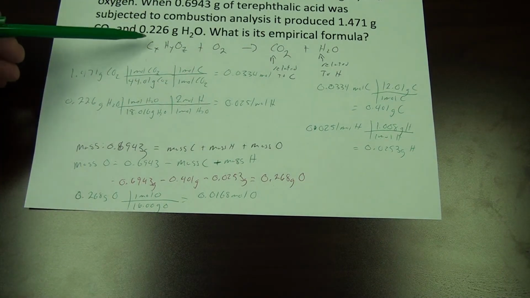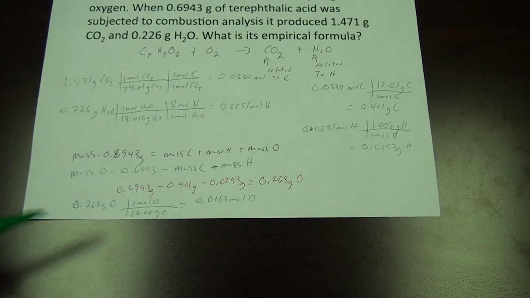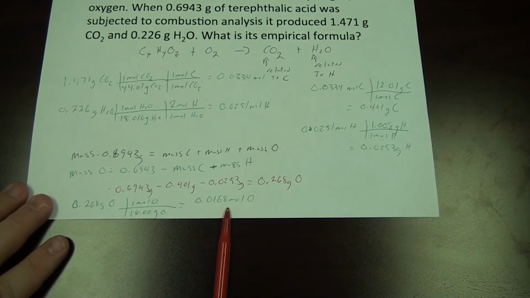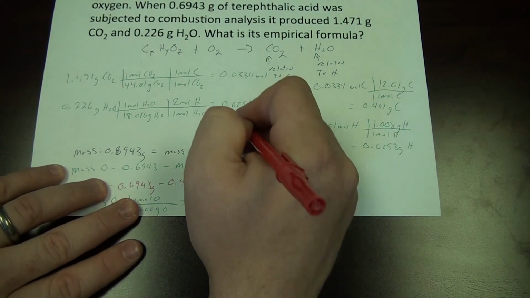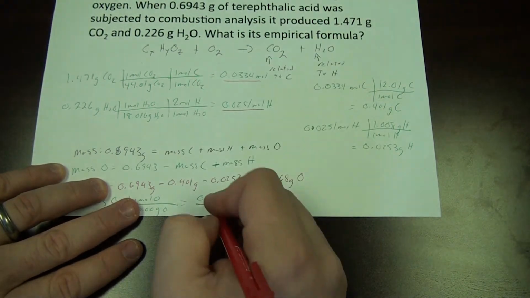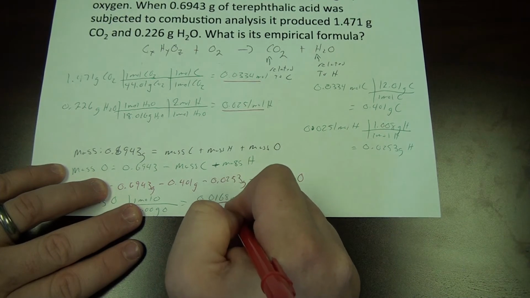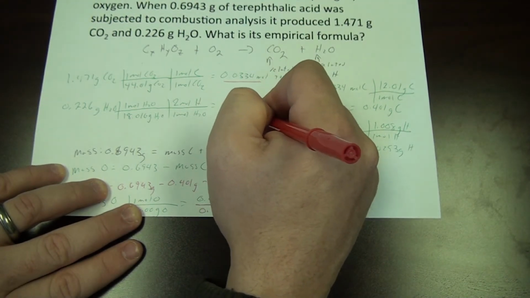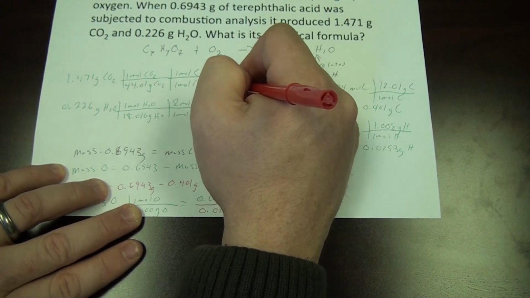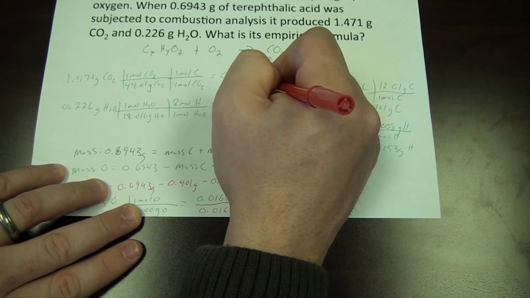Just like before, to get the empirical formula, we have to take the smallest whole number ratio, so we have to divide by the smallest number of moles present, which is this moles of oxygen. So we're going to divide all three of these by this number, 0.0168 moles.